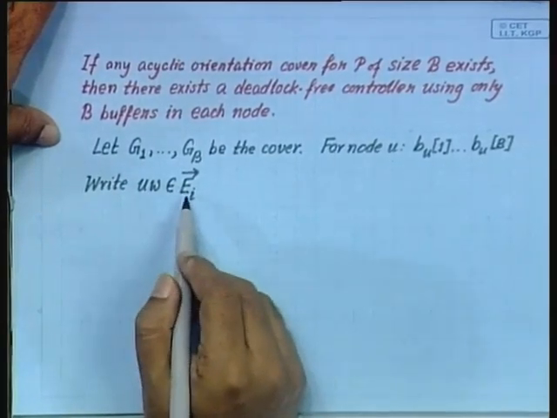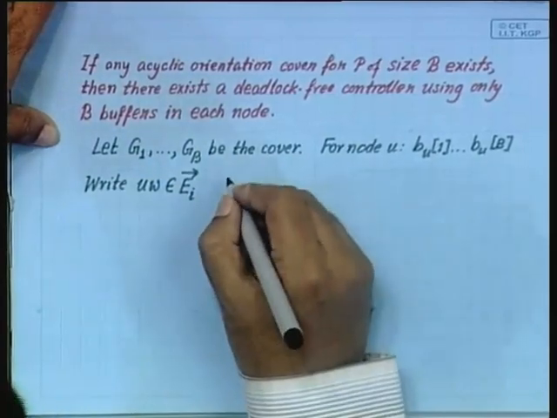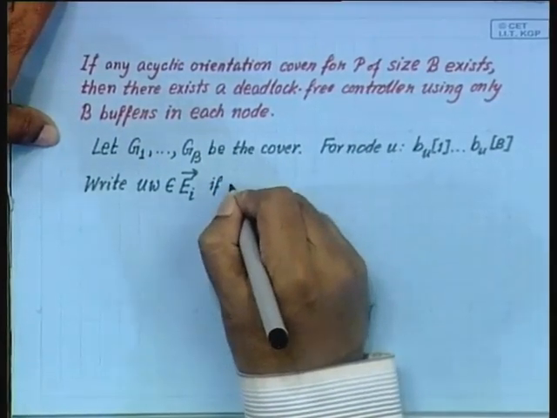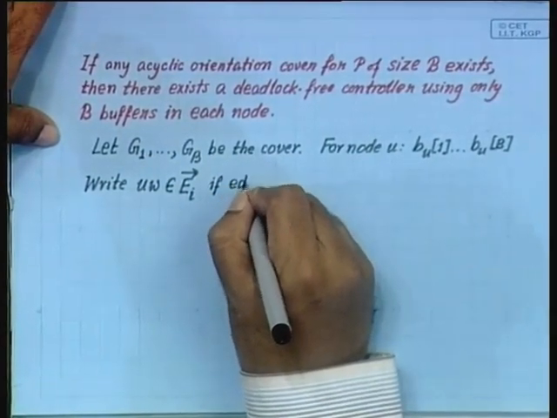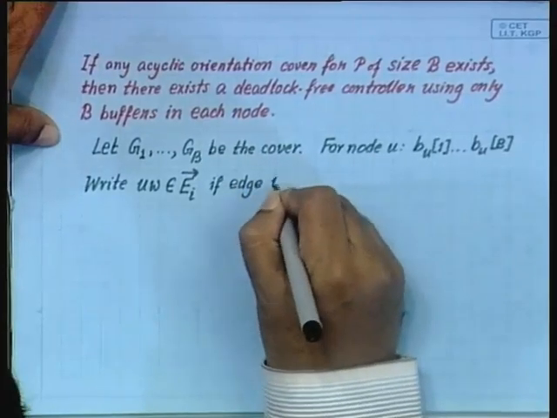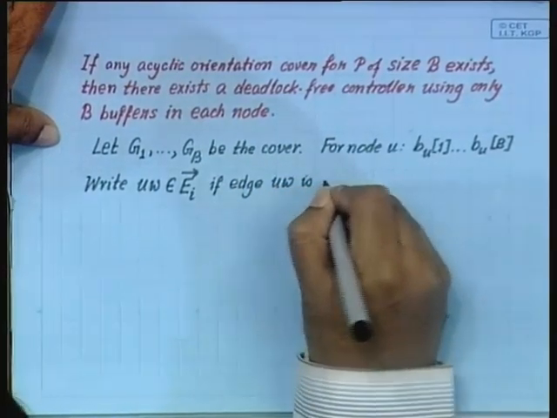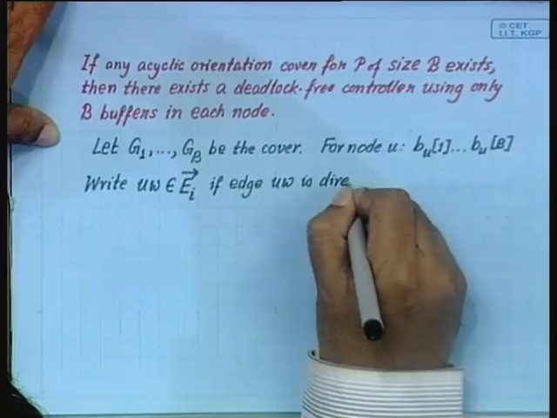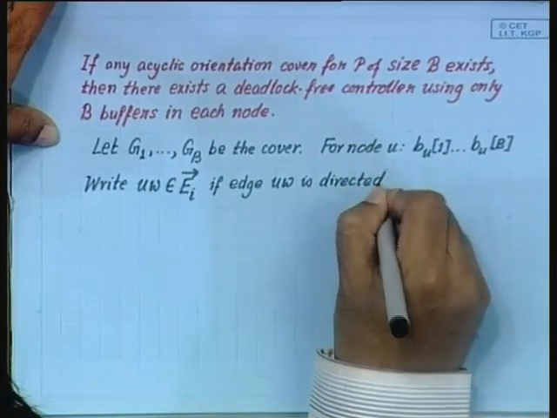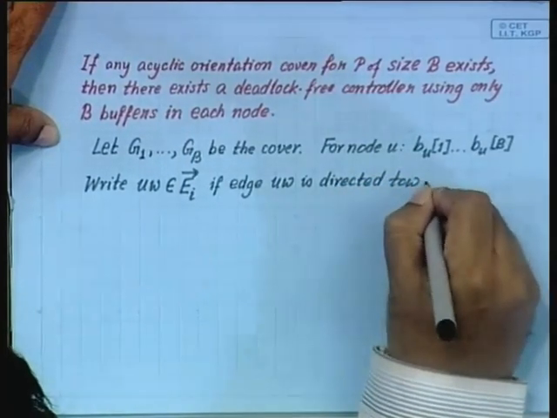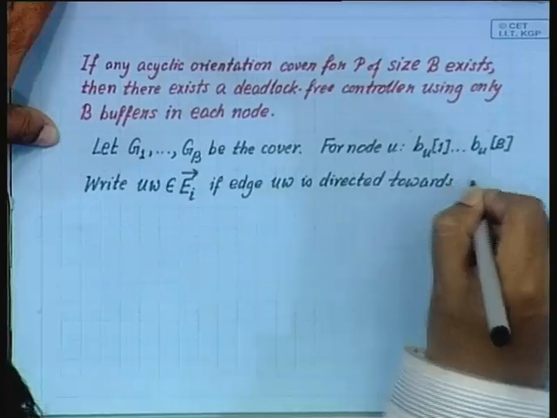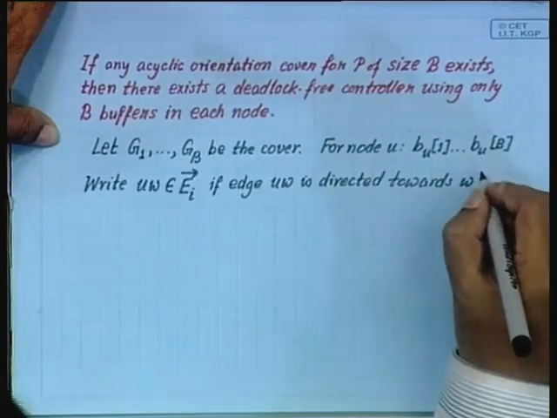So, UW belongs to E_i if edge UW is directed towards W in G_i.